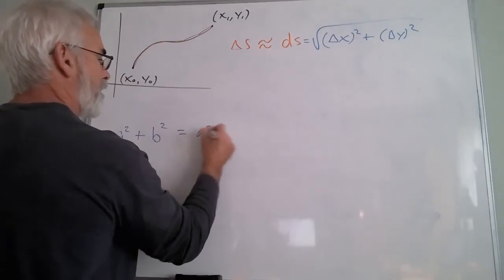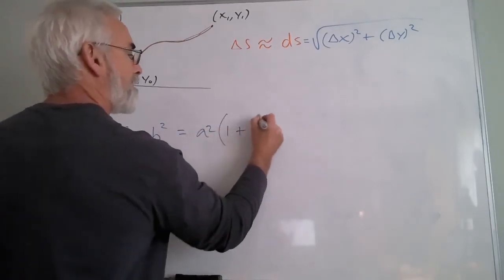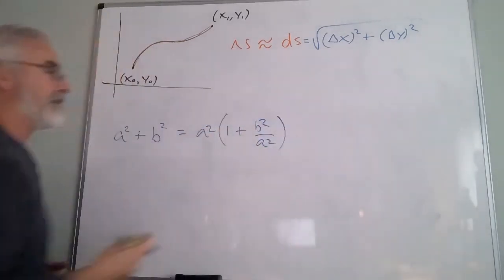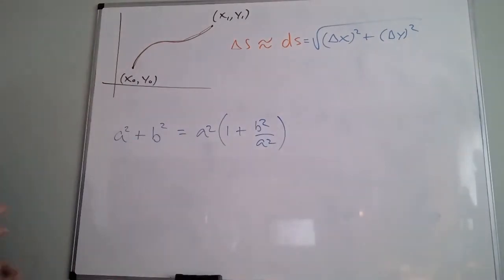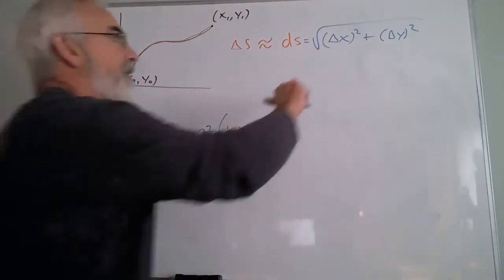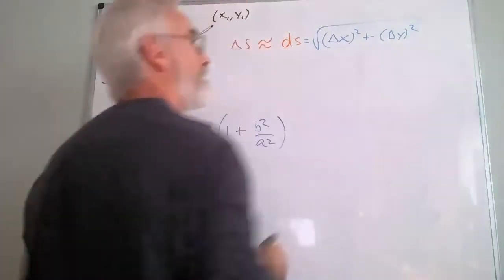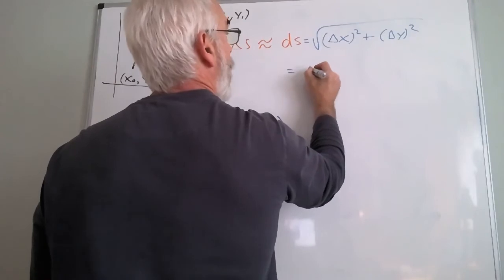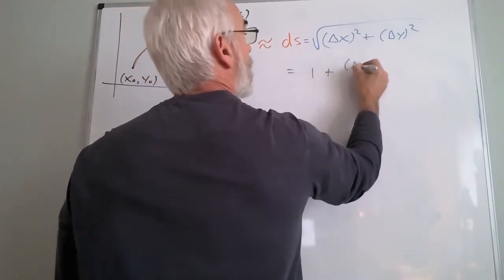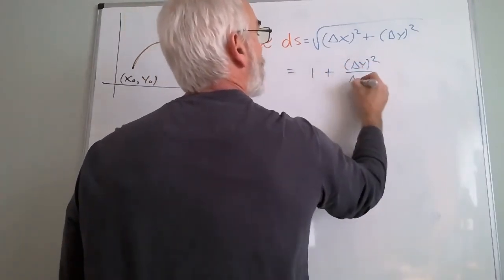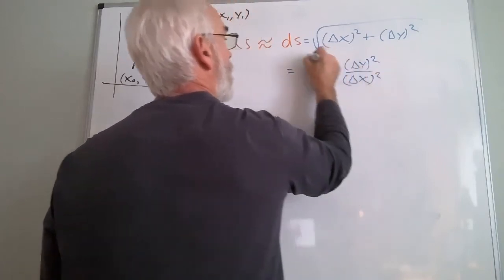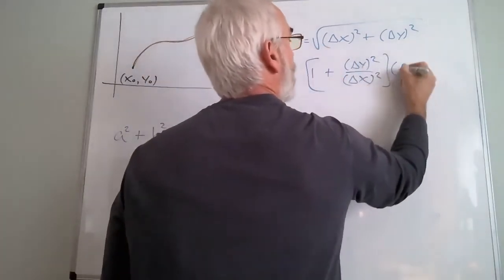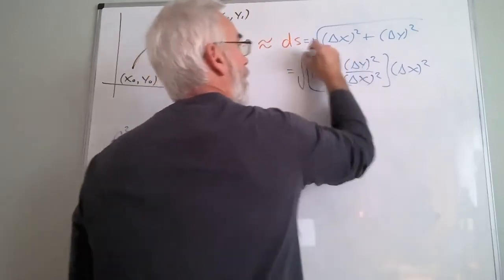You'd write it as a squared times 1 plus b squared over a squared. Like, oh, okay, I forgot about that. Yeah, okay. I would like to factor out the delta x quantity squared from inside that root. Well, if I did that, then I would have 1 plus delta y squared over delta x squared, all times delta x squared, all under the root.